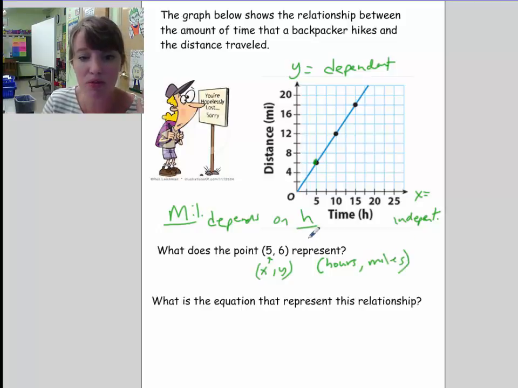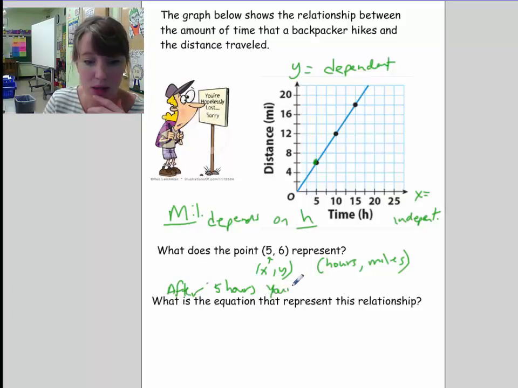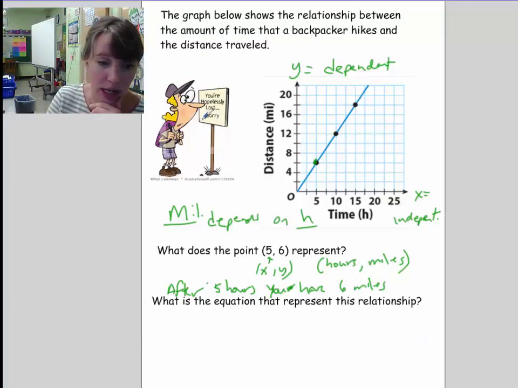So the point 5, 6 represents, after 5 hours, you've traveled 6 miles, or the hiker has traveled 6 miles. I should say the hiker, really, because you're not traveling, it's this guy.